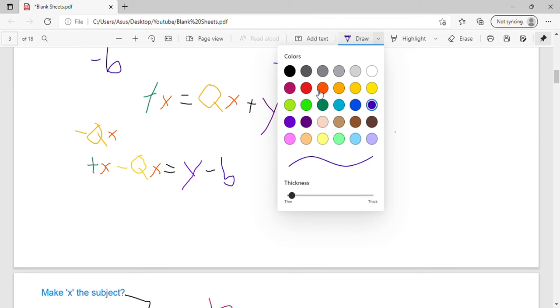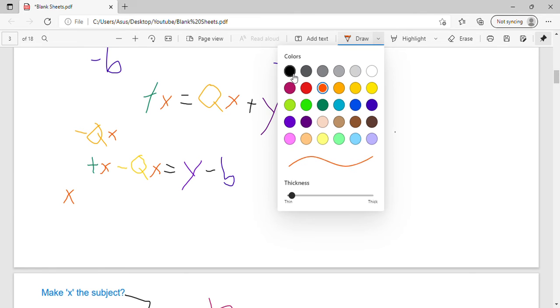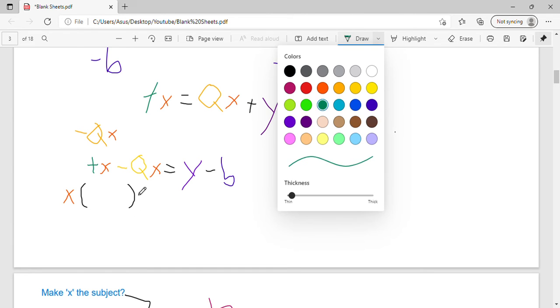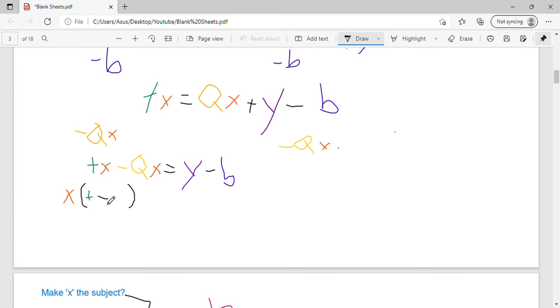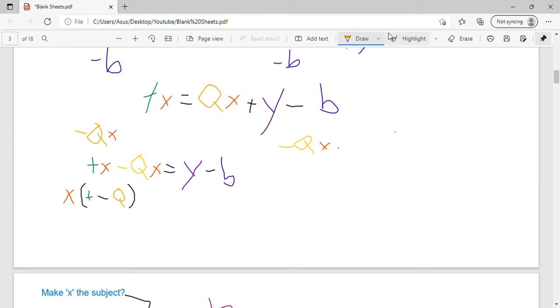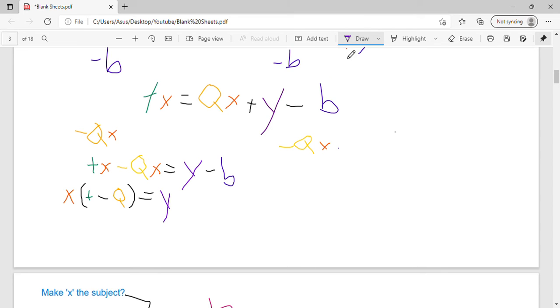So what we're going to do is put x on the edge of the bracket, and then put the brackets in here, and then we're going to have t minus q, and then we're going to have that equal to y minus b.